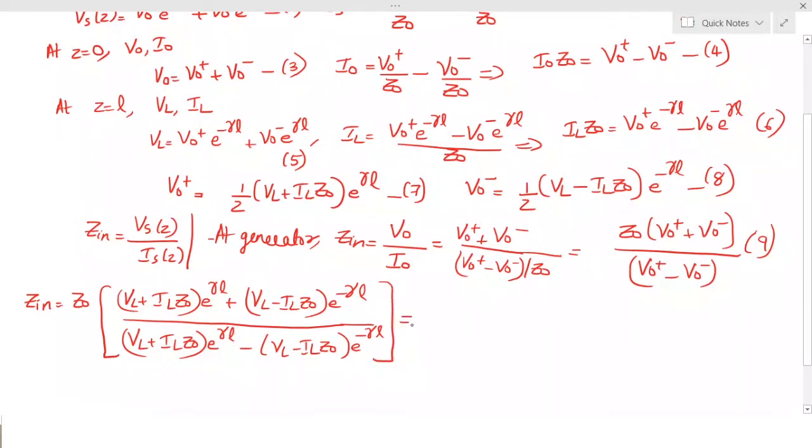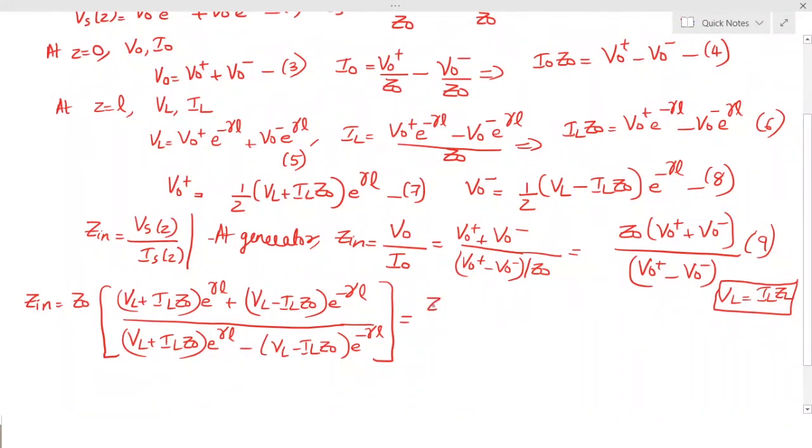Next step is you substitute VL is equal to IL ZL. Okay, voltage across the load is current through the load IL and load impedance. So VL can be substituted as IL ZL. And one more thing I am doing in the same step: you can see that there is an IL coming throughout, so you are cutting off IL also. So first I am substituting VL is equal to IL ZL, and in the next step I am cutting out IL because it is common in each and every term.